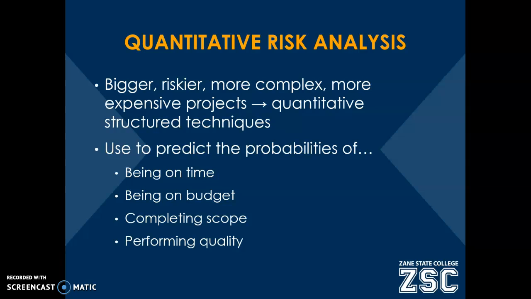So we can use a quantitative risk analysis to more accurately predict whether our project will be on time, on budget, completes the entire scope, and meets the quality criteria that have been established.